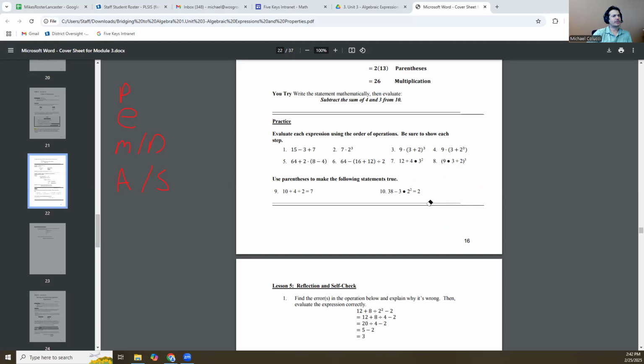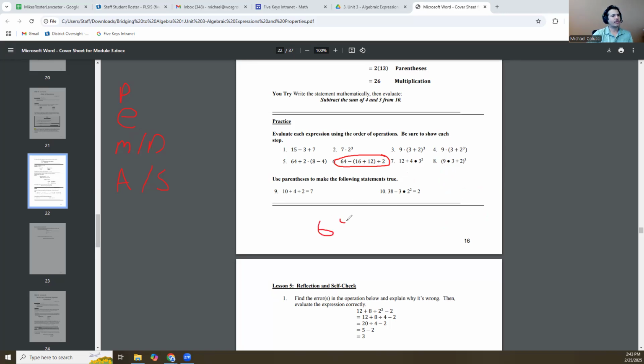Which one's good? Okay, I'm going to do this one here, and then I'm going to do one of these guys because this one's hard. Okay, so what do I want to do first? I have a subtraction operator, I have addition, but it's inside the parentheses, and then I have division. Parentheses comes first, so I know that 16 plus 12 is 28.